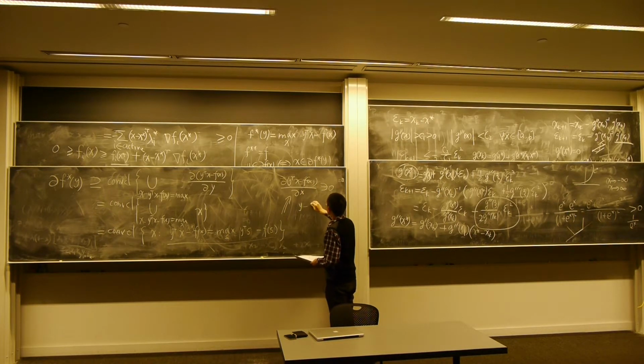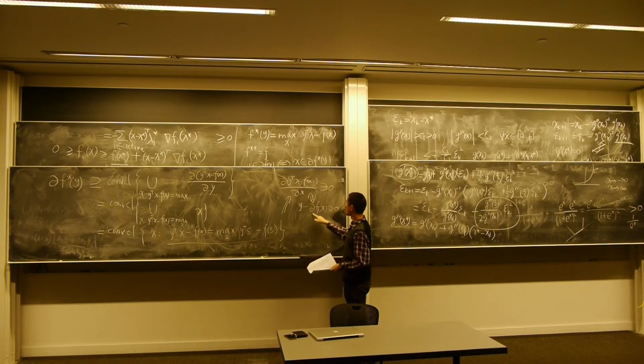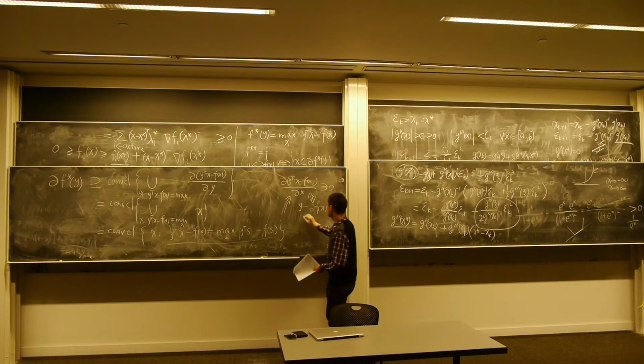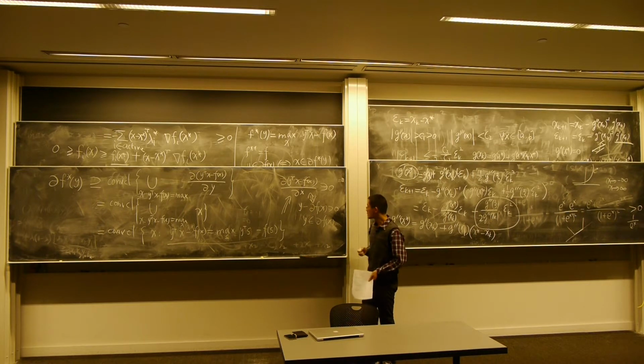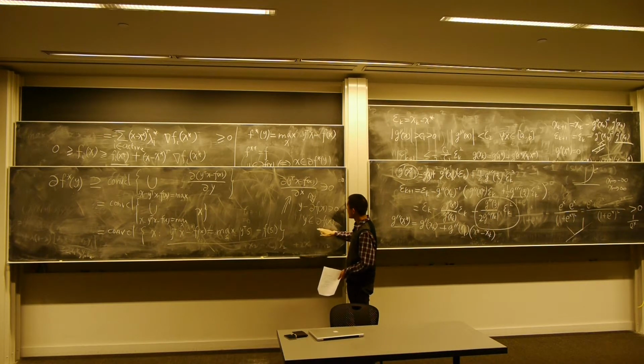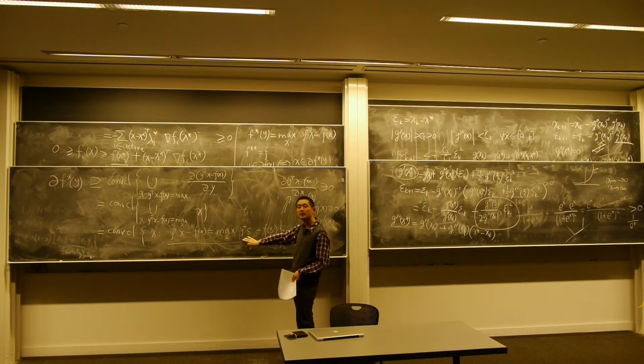So equivalently, y minus the subgradient of f at x has to contain 0. That means y has to be contained in the subgradient of f at x. So that is a necessary condition for x to be included in this set.